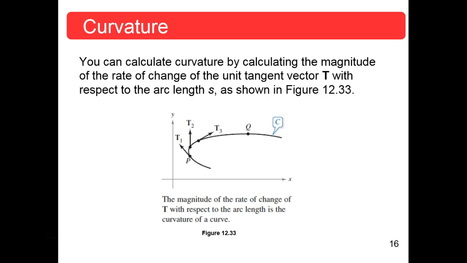So if you went from P to T1, well, at P, your unit tangent vector is T1. At this next point here, which is just a little bit further up the arc, okay, is T2.